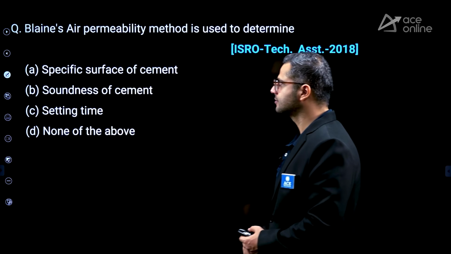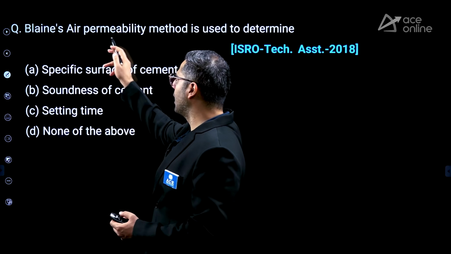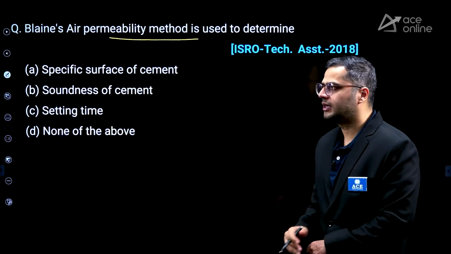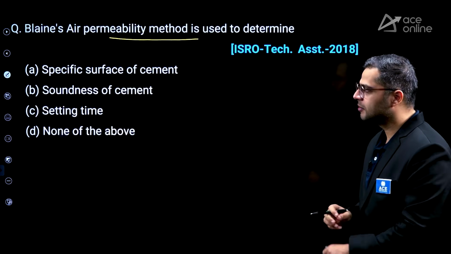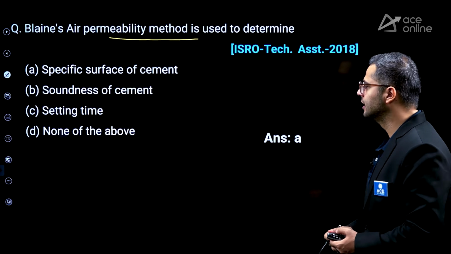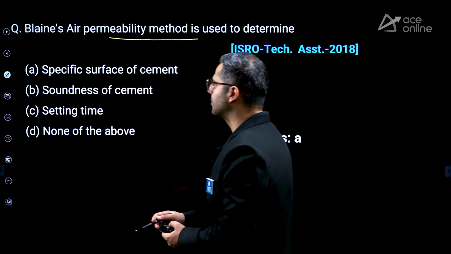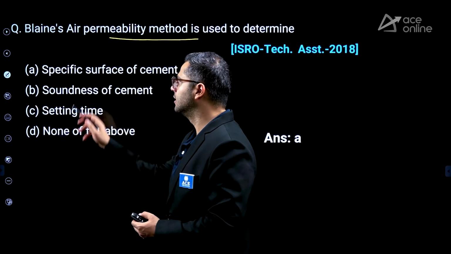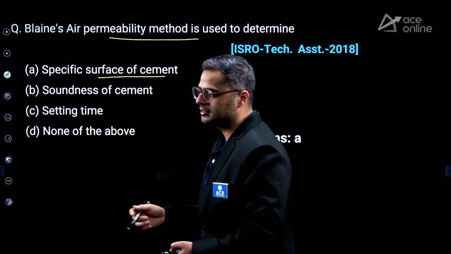Next is the Blaine's air permeability method is used to determine. So why would you use Blaine's air permeability method? So Blaine's air permeability method is used to check the soundness of cement, or you can say the specific surface area is being tested by it.